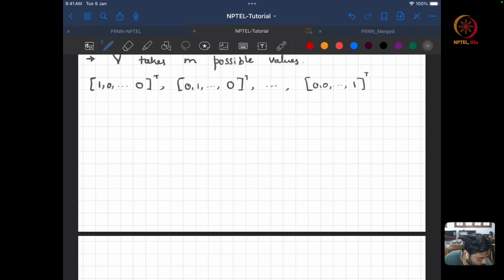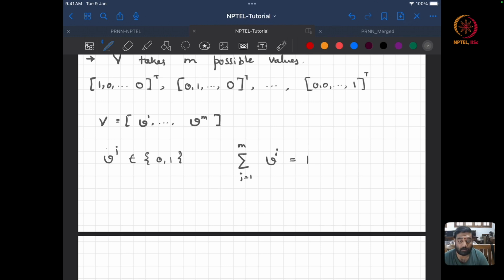Let's say that v is some value, v1 till vm. Any vi that I consider is either 0 or 1, and if you sum over i equal to 1 to m of vi, this is 1.